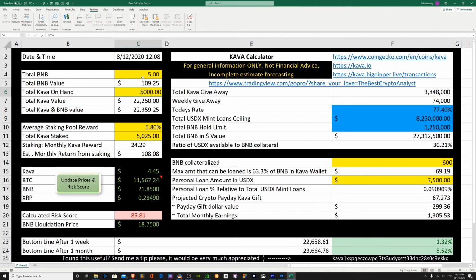And same thing with your Kava on hand. You can start out with that as well, somewhere around there. And Kava staked, put in all 25 of it, and your monthly reward is 54 cents.